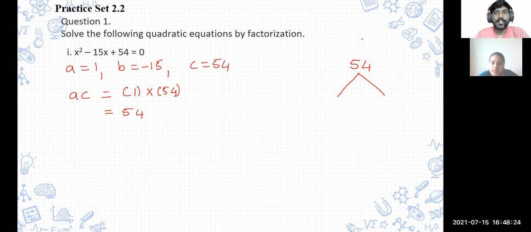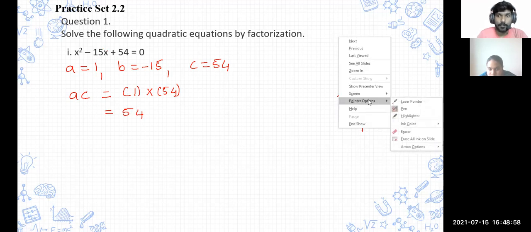54 we have to split, not divide, split. We have to split 54 into two parts, into two numbers, such that after multiplying those two numbers, you get 54, and after adding or subtracting, you should get the middle term. The middle term is minus 15.